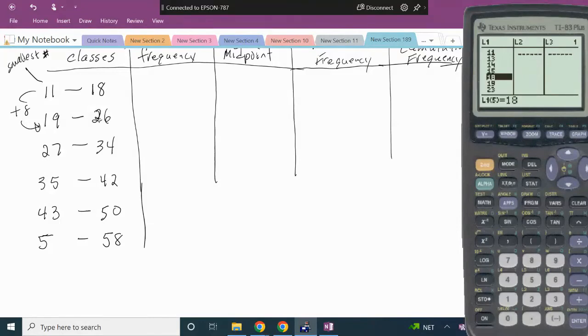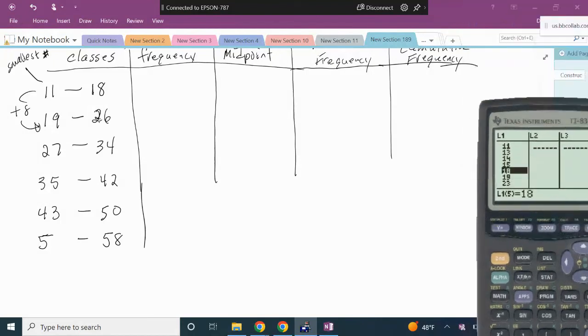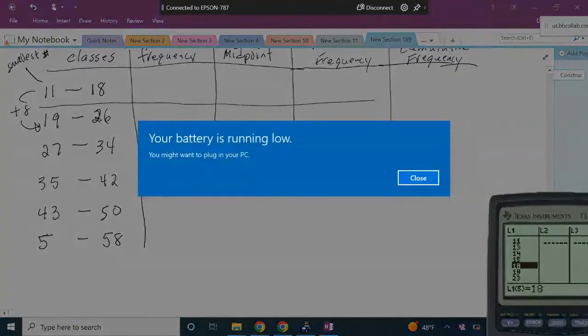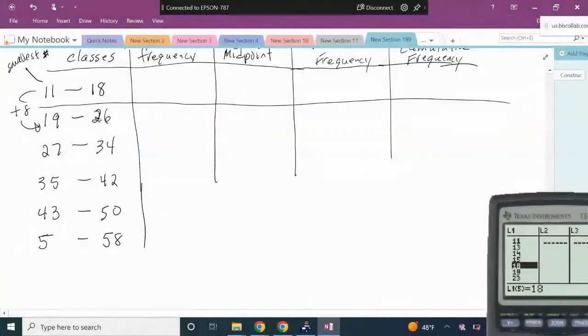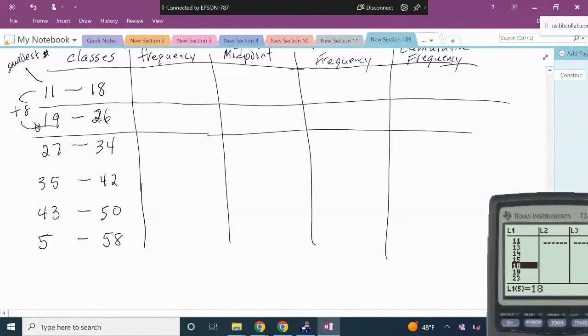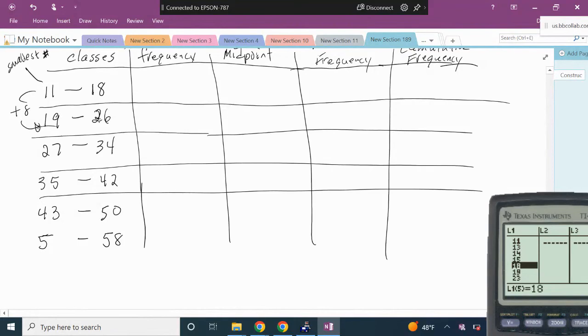So my frequency for that class is 5. I'm going to clean this up a little bit. Okay, so this is 5, right?